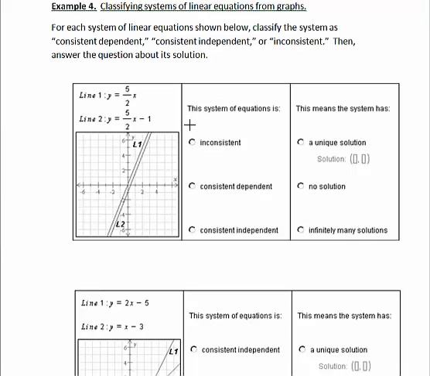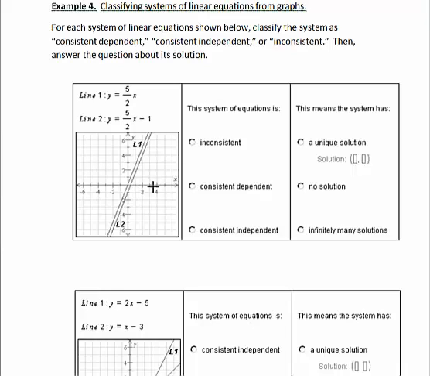Okay, so the system of equations is, if we look at the equations in the graph, well, the graph looks like these two lines are parallel, and if we want confirmation of that, we can look at the equations and compare the slopes. And for each line we have a slope of 5 over 3. The coefficient of the x is 5 over 3.